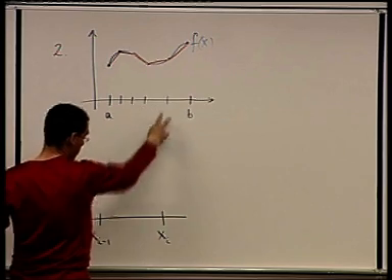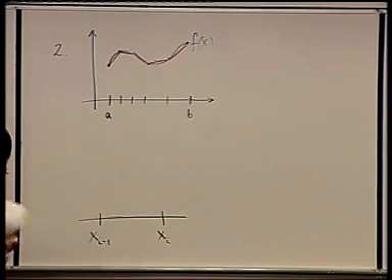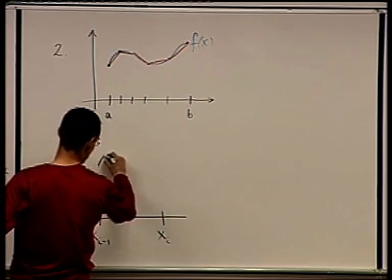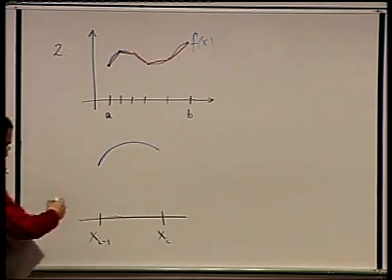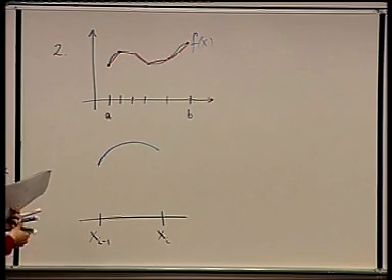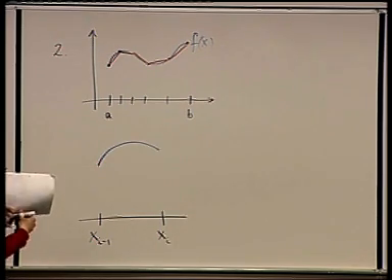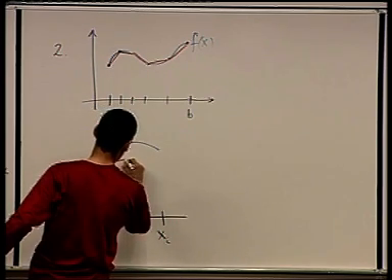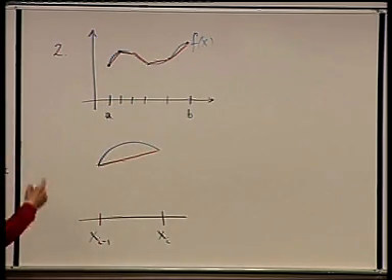These are 2 points in the partition, any 2 points. And here's the function itself, just on that subinterval. And here's the secant line, which I get by taking the values at these 2 points.